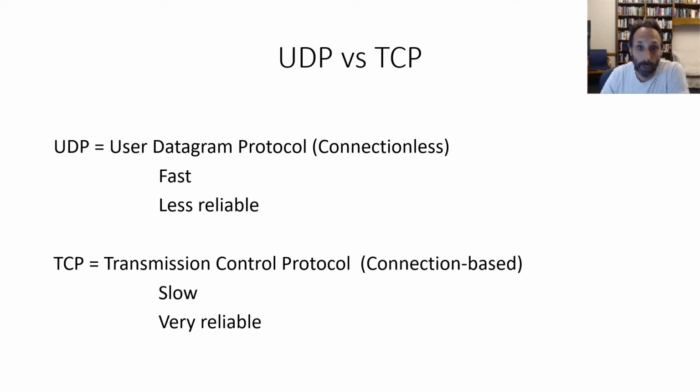Okay, so UDP and TCP. UDP, User Datagram Protocol, is called a datagram because it's an analogy to a telegram. In the old days when you sent a telegram, you just sent it off. There would be no acknowledgement of it. That's the same thing with UDP.